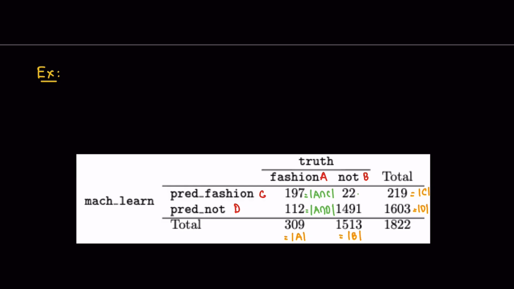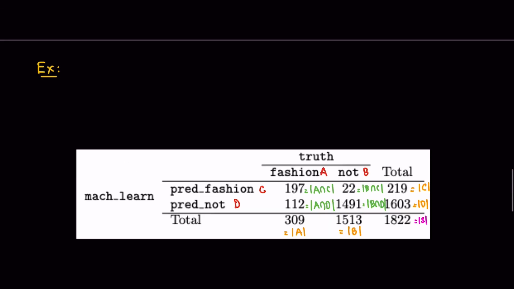And there are 22 photos for the cardinality of B intersect with C, and there are 1,491 photos in the case of the cardinality of B intersect with D. And the value of 1,822 is equal to the cardinality of S, so that's going to be the sample space.